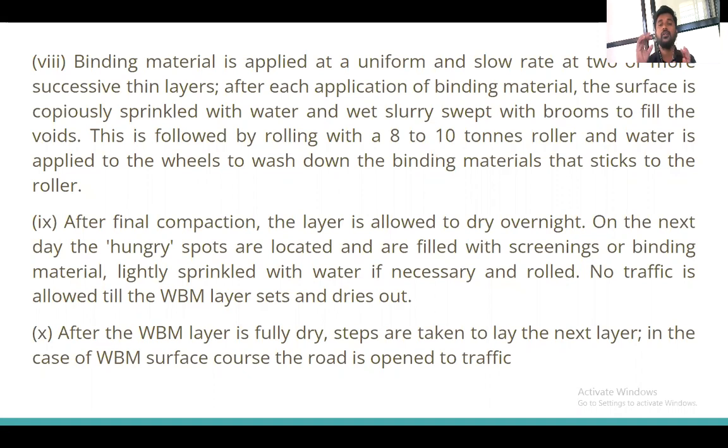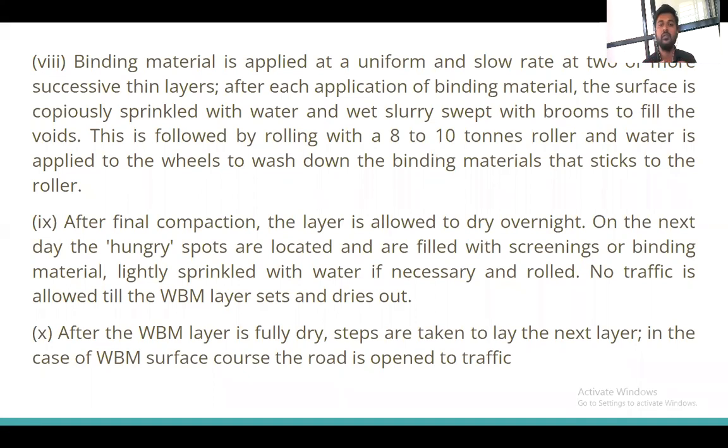Then after applying the materials, what do we have to do? We have to apply the binding material. As binding material we can use asphalt, tar or bitumen. Bitumen is mostly used as the binding material here. We apply it so that proper binding between the aggregates and the screenings is achieved.